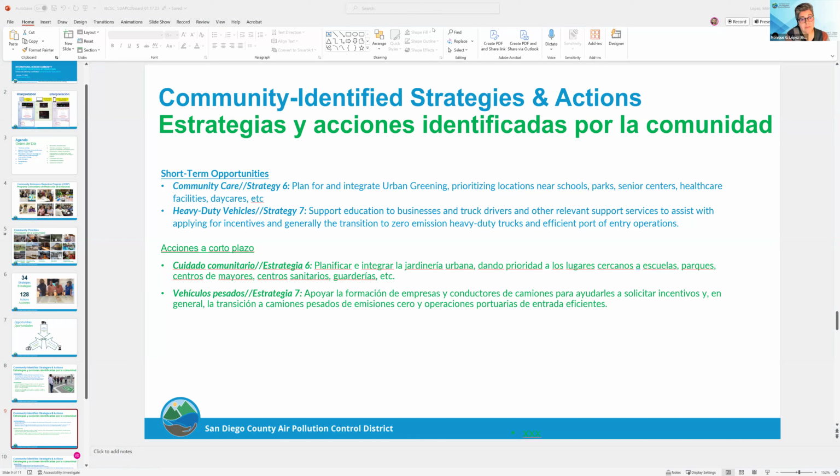So there is an opportunity to support in having APCD do more education to folks who could potentially benefit from utilizing these programs as well to transition. So that's another potential opportunity here as well. But I want to pause there and want to hear folks' thoughts in terms of the urban greening, but then also in terms of education to different businesses as well.